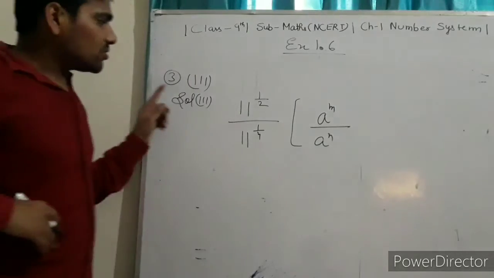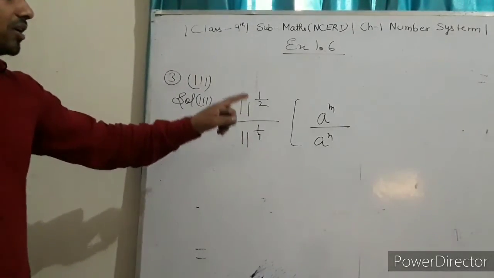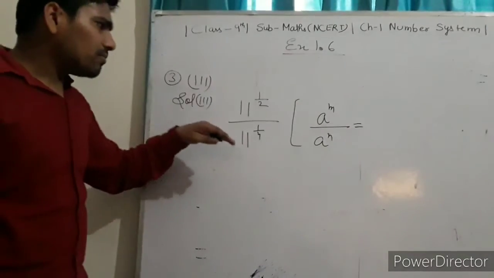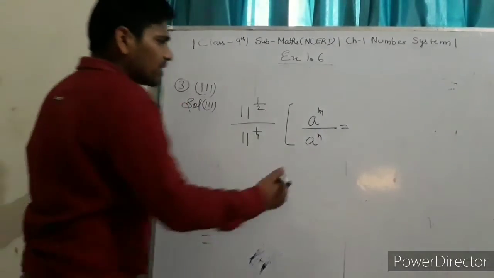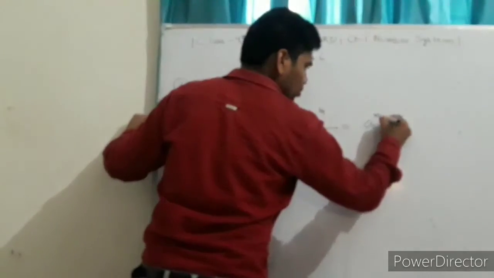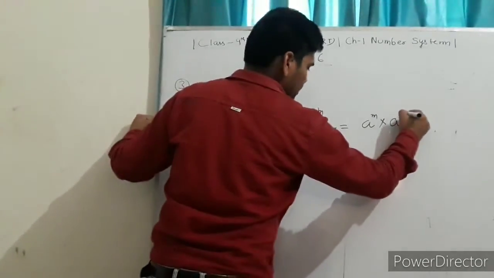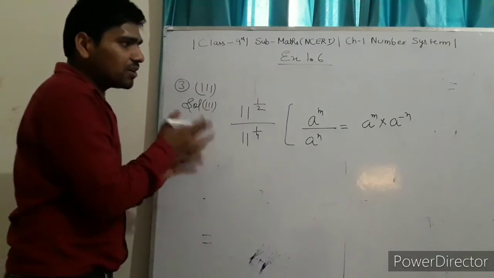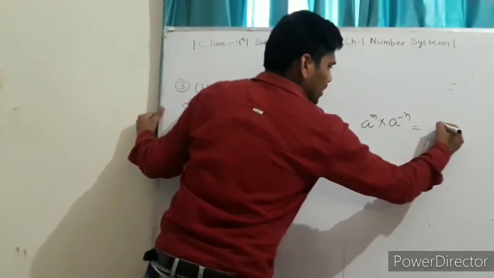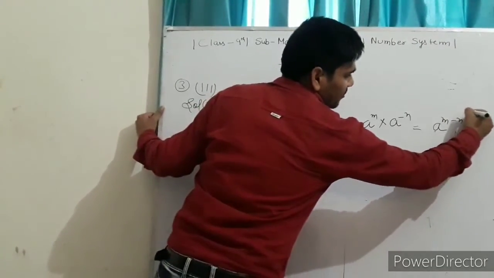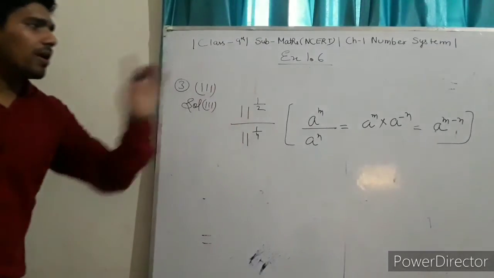You can write it like this: a raised to power m into a raised to power minus n, because the power will change, and the result will be a raised to power m minus n. The result will be a raised to power m minus n.